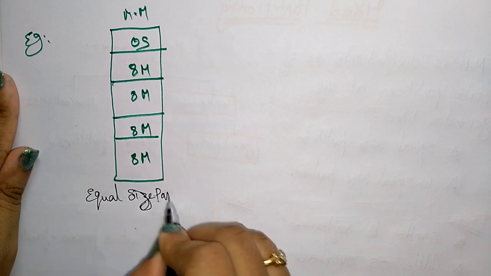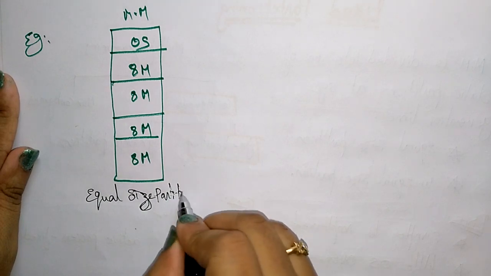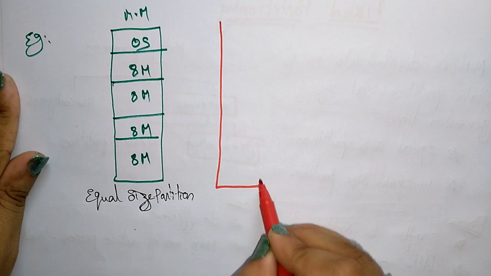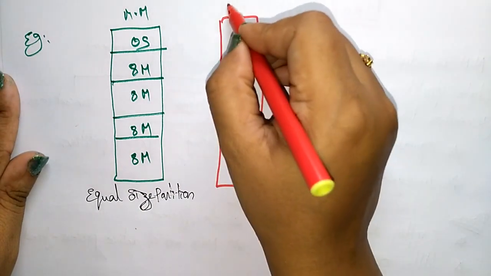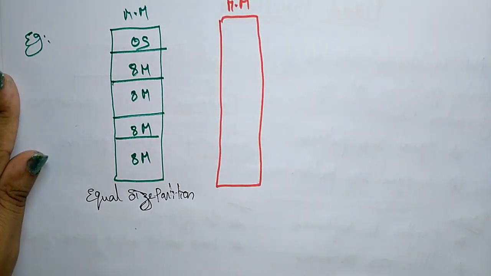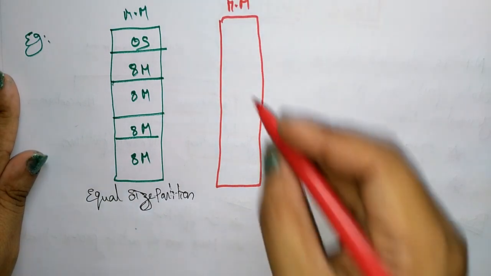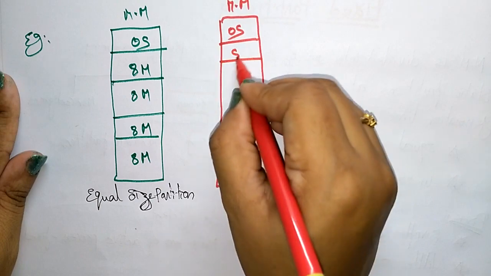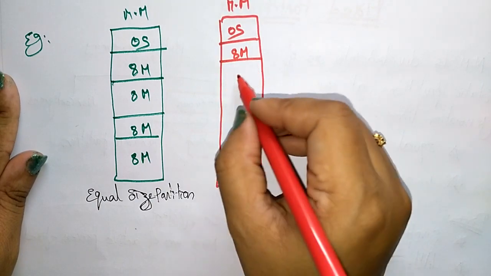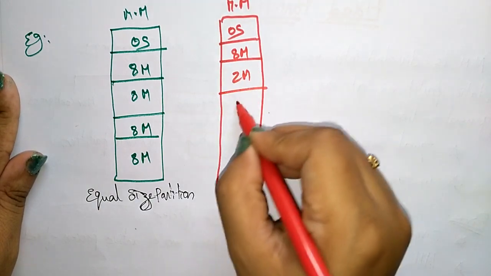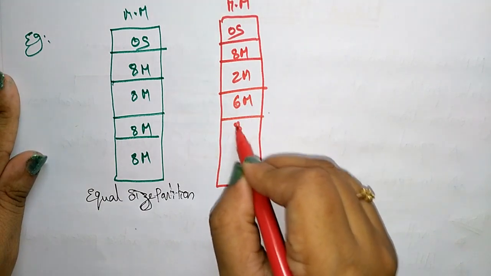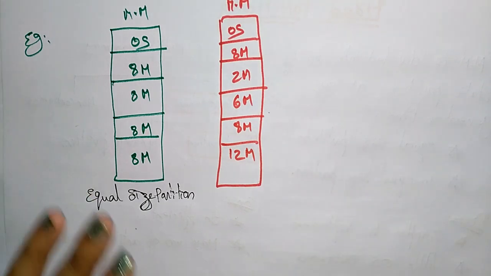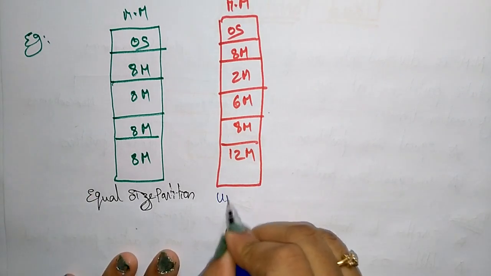Now what about the unequal size partition? Fixed partitioning can be done in two types: equal size and unequal size. Unequal size means first the operating system, then you can allocate 8 megabytes, 2M, 6M, or again 8M, or 12M, like that. This you call unequal size partition.